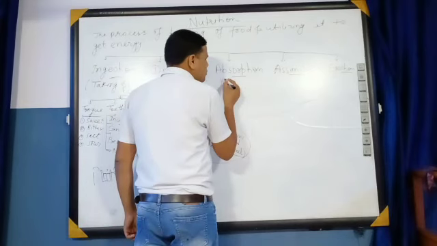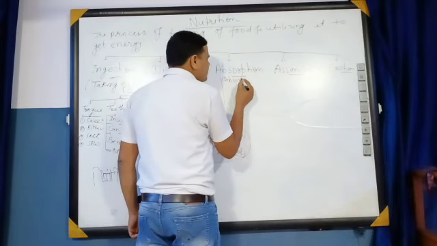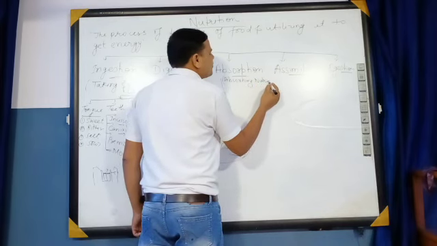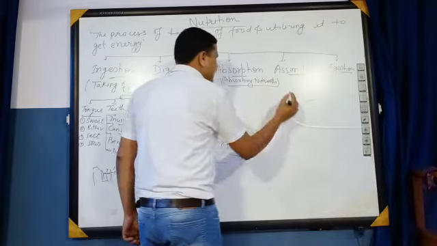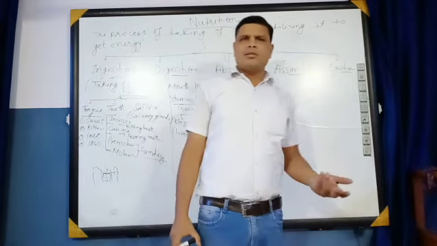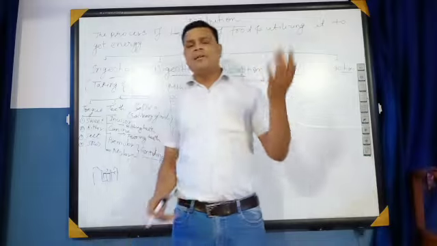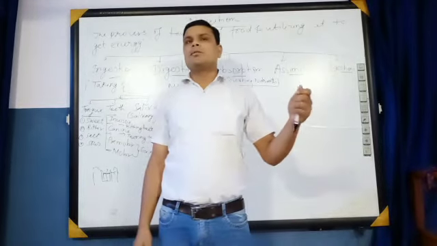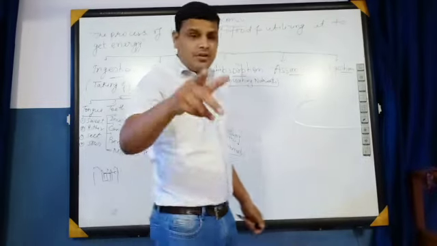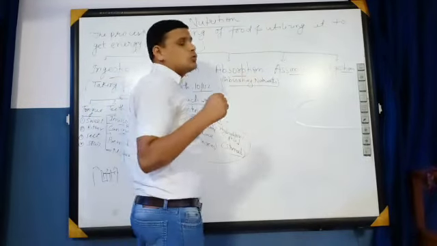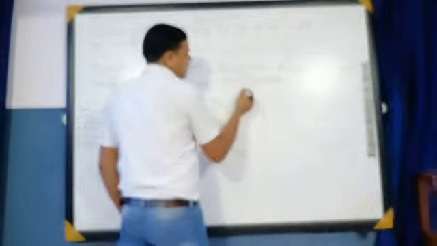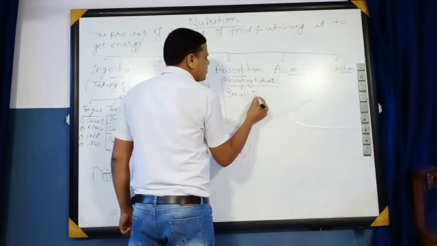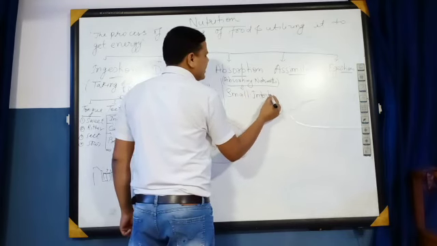In junior classes, you have learned that we need different types of nutrients like carbohydrates, fats, proteins, and vitamins. Who will do the absorption? The answer is that absorption is done by the small intestine.